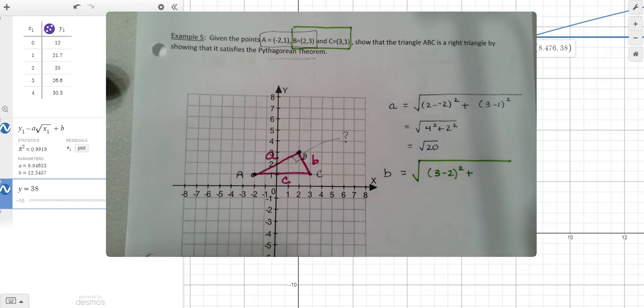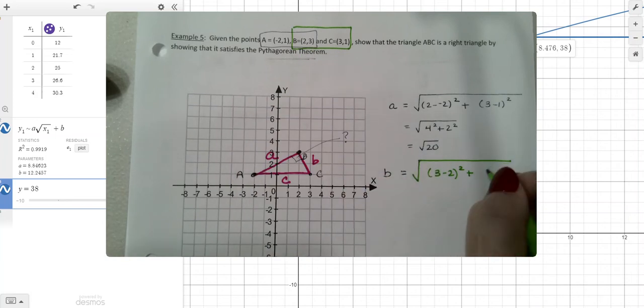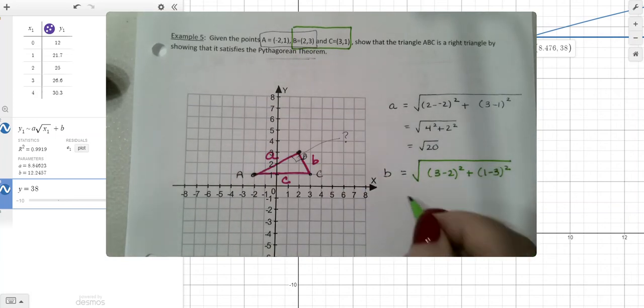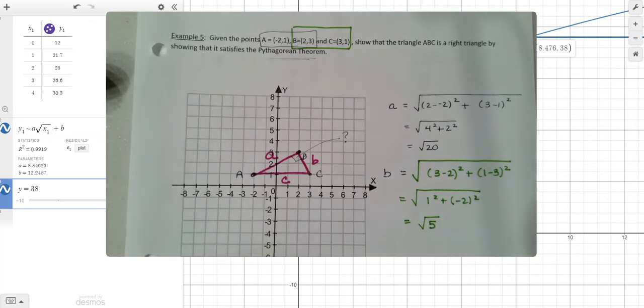Square that. Plus the y's would be 1 minus 3. Square that. Square root of 1 squared plus negative 2 squared. 1 plus 4 would be the square root of 5 for b.